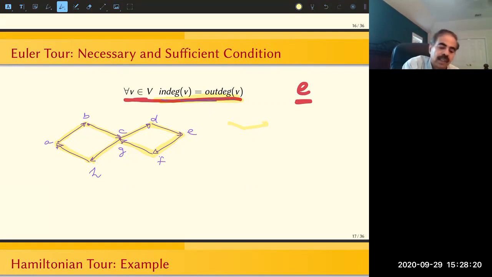So this guarantees that once you start from some vertex, you can keep going forward until you come back to your starting point, right? Now, you may have come back to a starting point without visiting every edge, in which case you can simply find another tour and stitch them together.